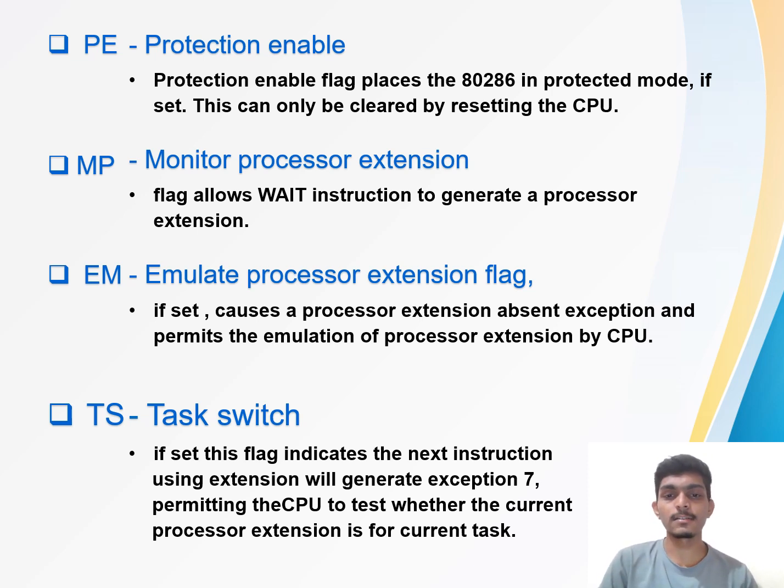If set, it causes a processor extension absent exception and permits the emulation of the processor extension by the CPU. TS, task switch. If set, this flag indicates the next instruction using the extension will generate exception 7, permitting the CPU to test whether the current processor extension is for the current task.